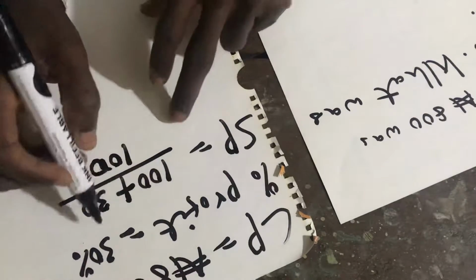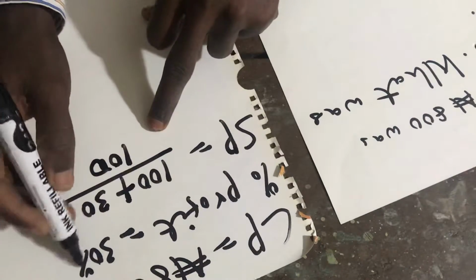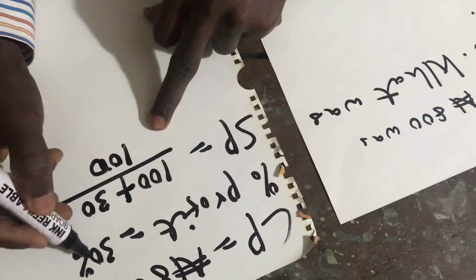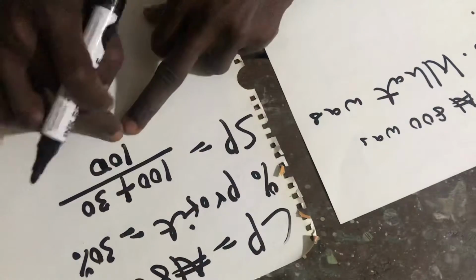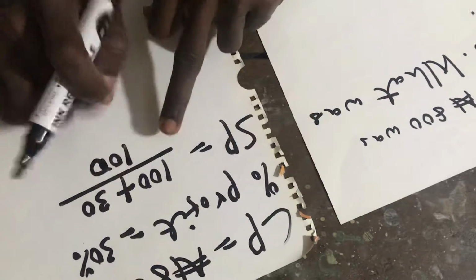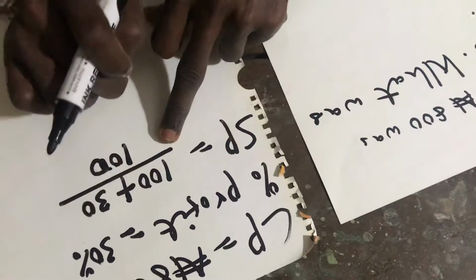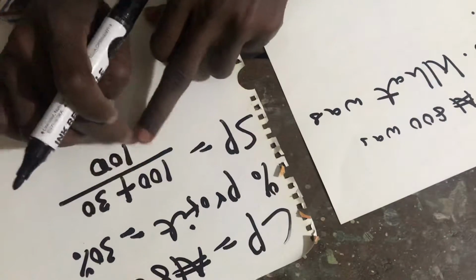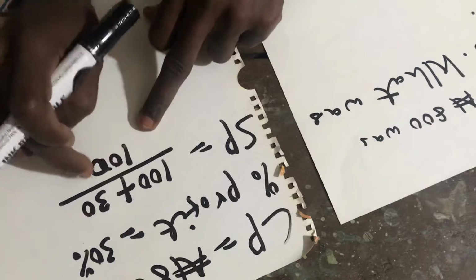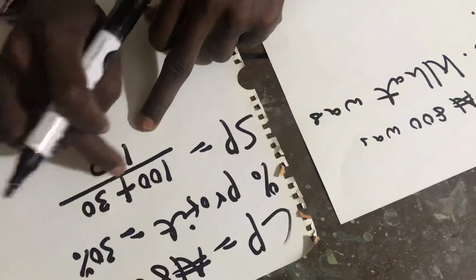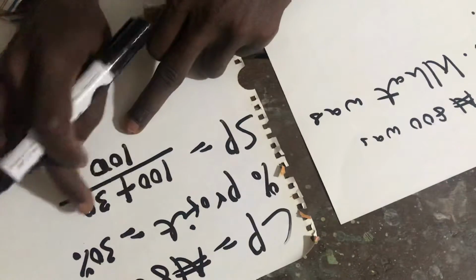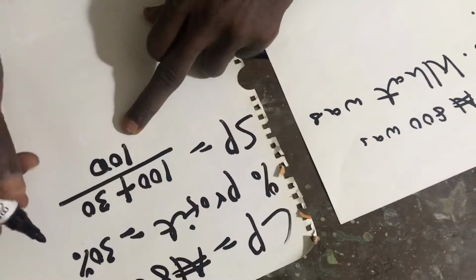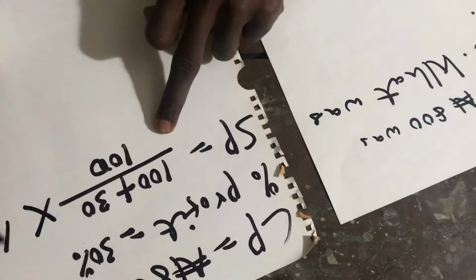In this formula, you do not need to write 30 over 100, because the 100 already represents the denominator of the percentage. You just write 100 plus 30. This is the same as saying 100%, which is 100 over 100, plus 30%, which is 30 over 100, times cost price, which is 800 naira.